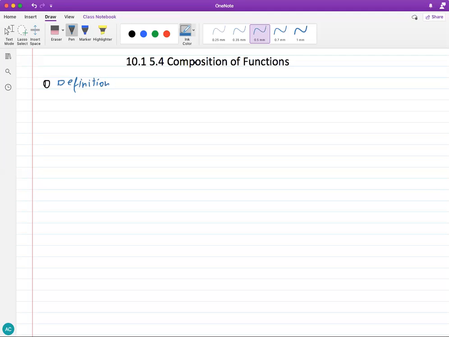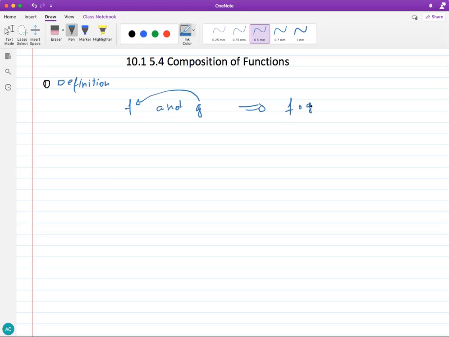As the name implies, composition of functions is when you put two or more functions together. Basically we take two functions, let's say f and maybe another function g, and we plug one function into the other. We take an entire function, put it in another one, and the result is what we call composition of function.